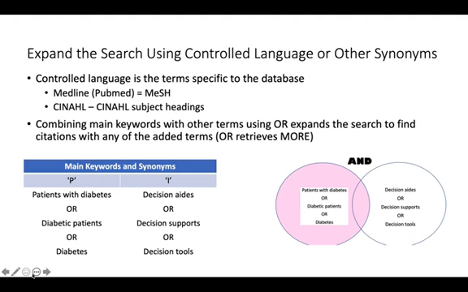Now would be a good time to talk about how a lot of the databases are set up now with smart text. I'm sure you've had the experience where you start typing, let's say, quality improvement, or the one that I like to do is critical care, ICU, intensive care.